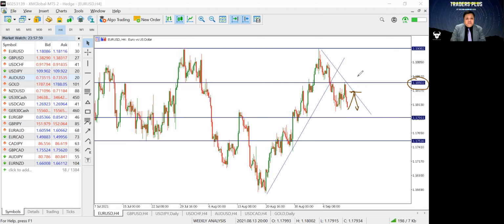So hindi eksaktong doon, it has to be a little bit above it kasi this is also potentially na ma-revisit yung area na yan and then it can go down. Because as we can see, that is a strong level of resistance right here. Alright, also there.